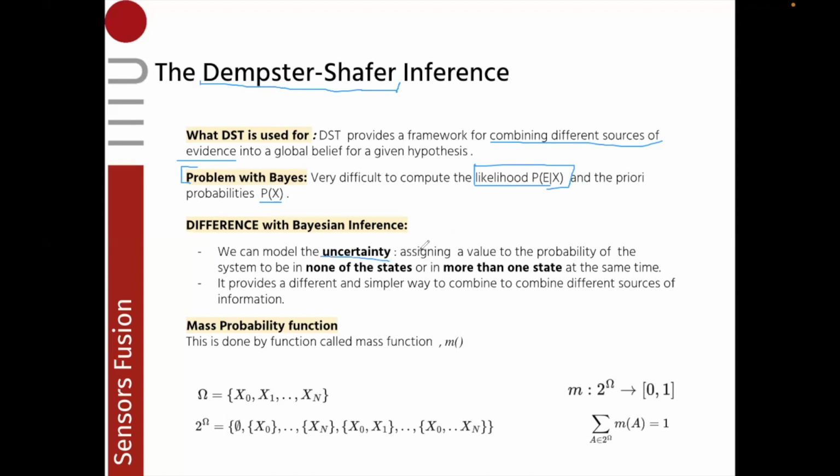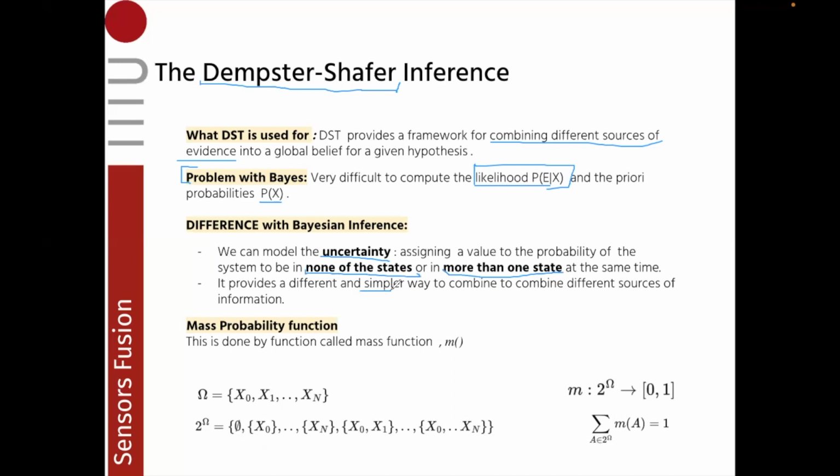So we can assign a probability value to the system being in none of the states or in more than one state. And doing this, Dempster-Shafer inference theory provides a simple way to combine different sources of information. So this is the main difference, this is the introduction to this technique.